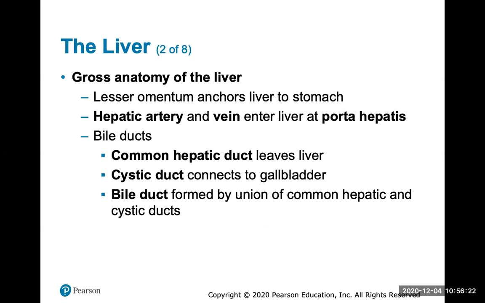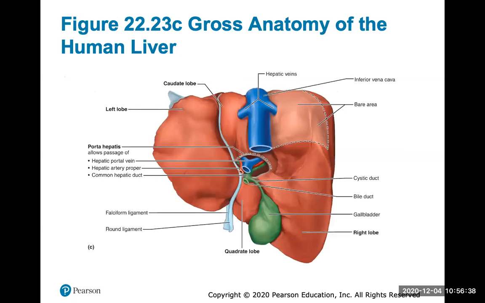The hepatic artery and vein will enter the liver at what we call the porta hepatis. As for the bile ducts, the common hepatic duct leaves the liver. The cystic duct connects to the gallbladder, and then the bile duct is formed by the union of the common hepatic and cystic ducts. I do want you to know those ducts; I stress that importance in anatomy too.